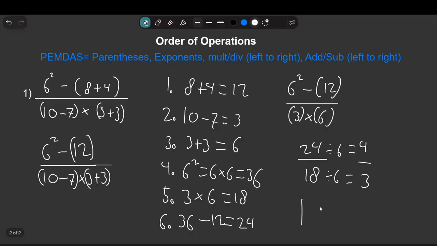So we have 1 whole out of the fraction, and we are left with 1 third. So our final answer will be 1 1/3. Oh, my bad, guys. 1 1/3. This will be our final answer of the problem.